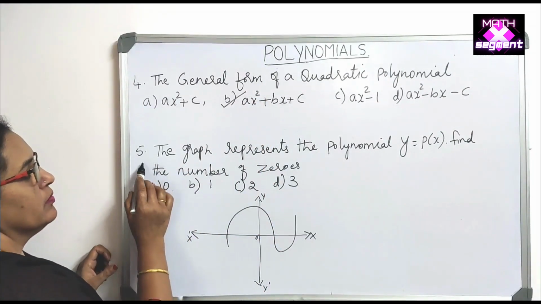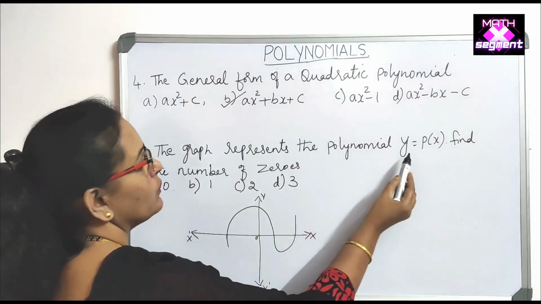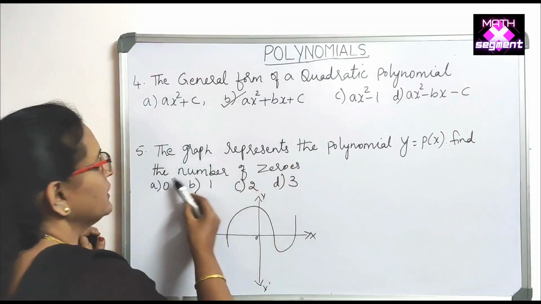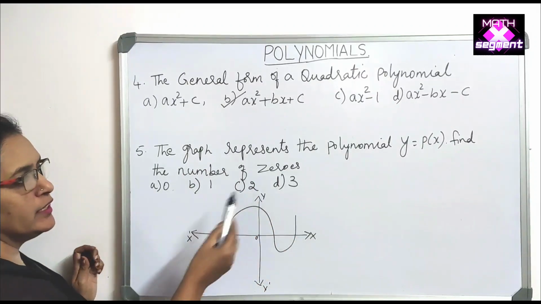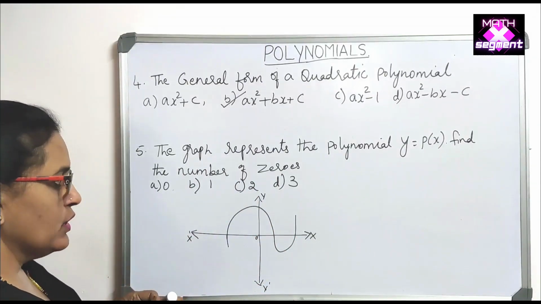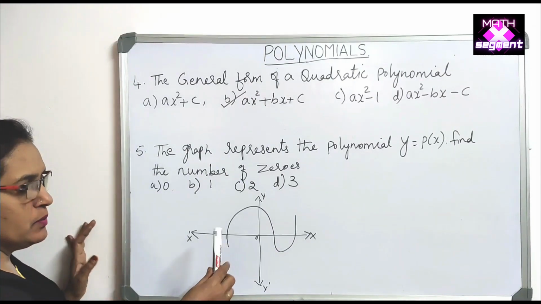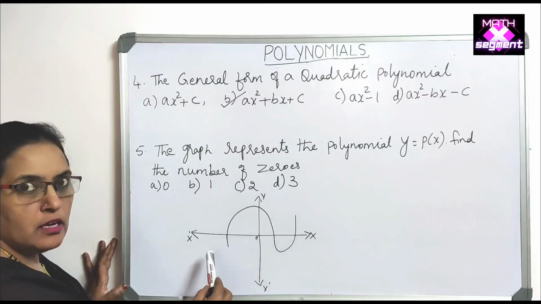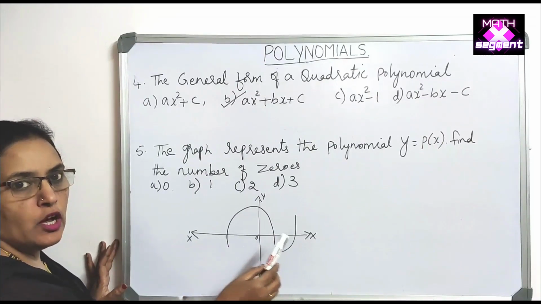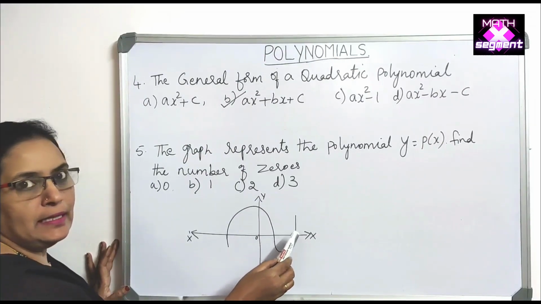Next question, the graph represents the polynomial y is equal to p of x. Find the number of zeros. So in this question, the graph is given. We have to identify the number of zeros. How to identify the number of zeros? For any graph, we look at where it intersects the x-axis. So we have to count the number of points, how many places it intersects.